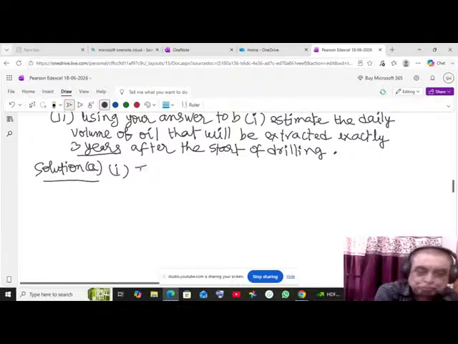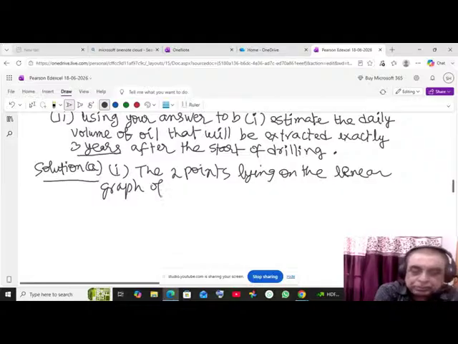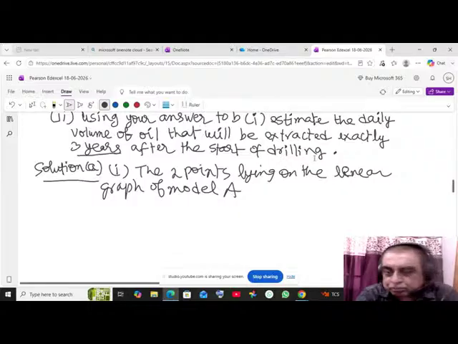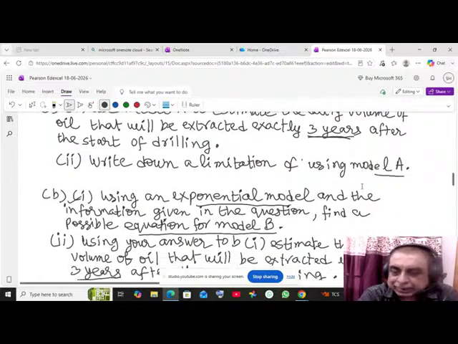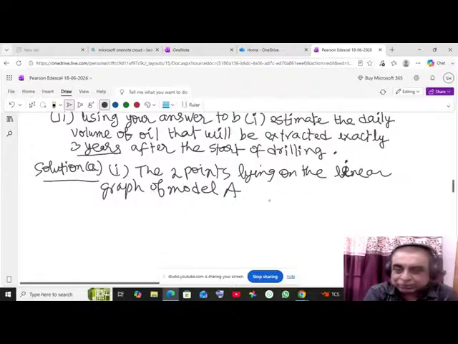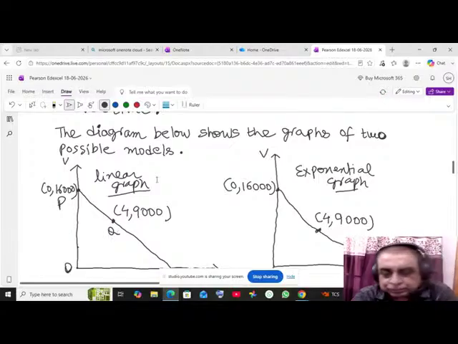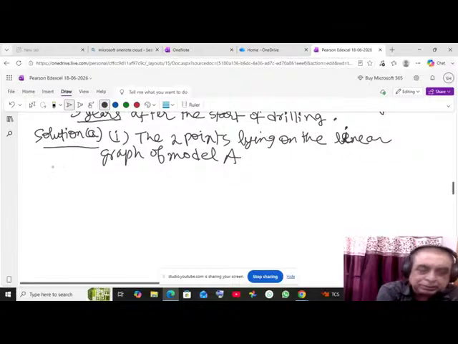See here, the 2 points lying on the linear graph of model A. Suppose I call the first point P and the second Q. The first point P has x coordinate 0, y coordinate 16,000.